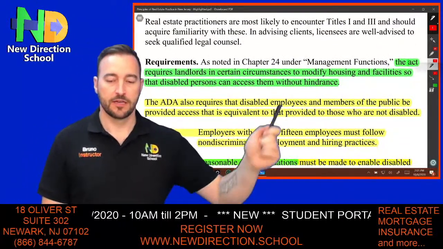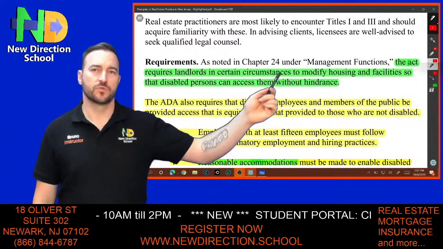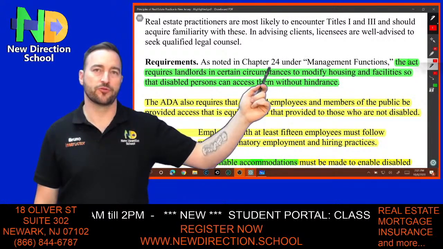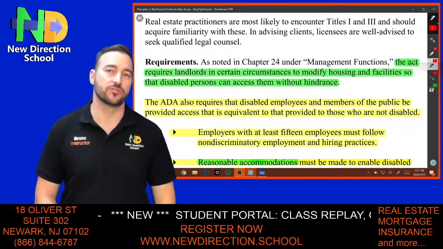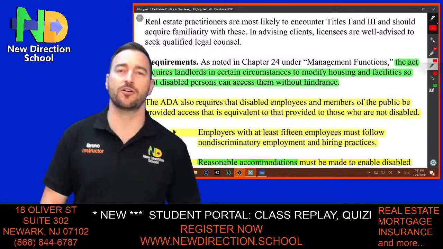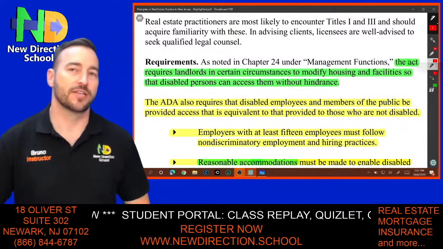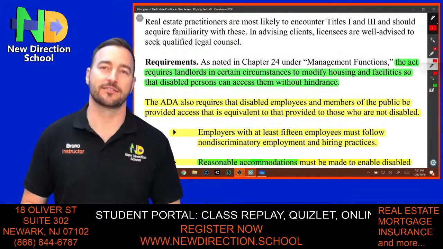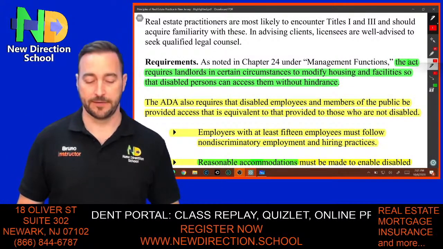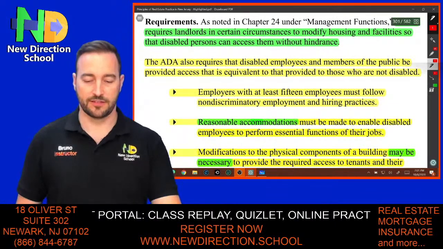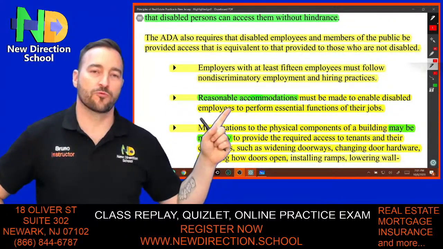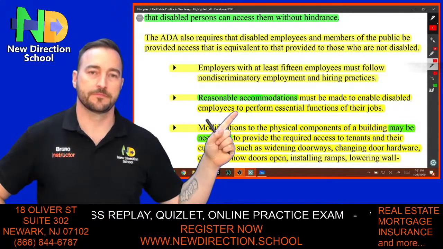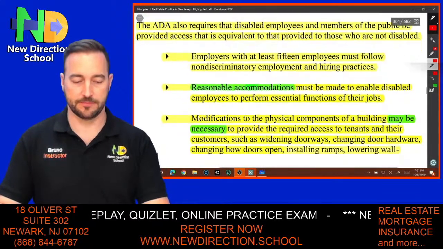We're going to talk about property management later in chapter 24, so it's going to be repeated there. But it says that the act requires landlords in certain circumstances to modify their housing and facilities so that disabled persons can access them without hindrance, right? What I have here in green is that I have to have reasonable accommodations. Let me zoom in so you guys can see it.